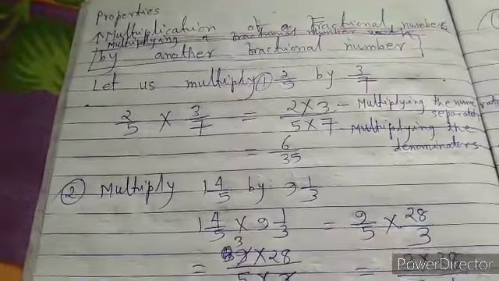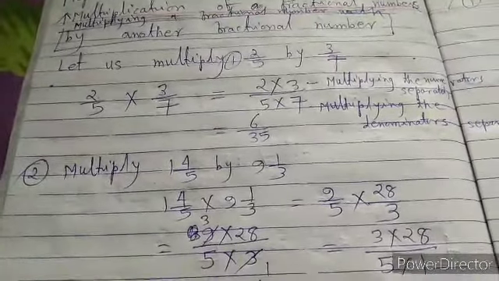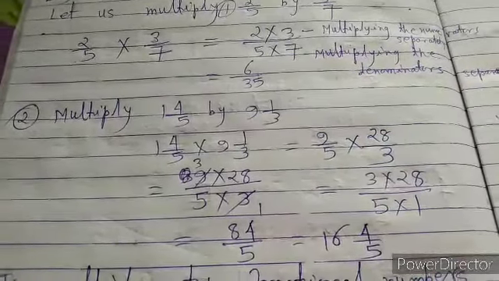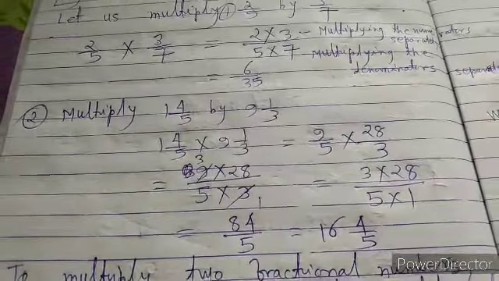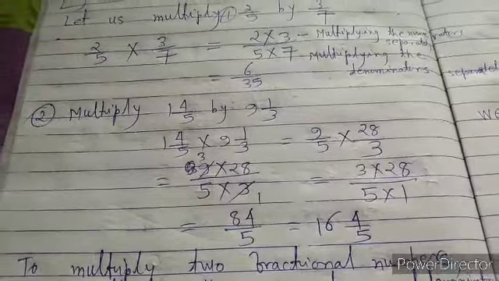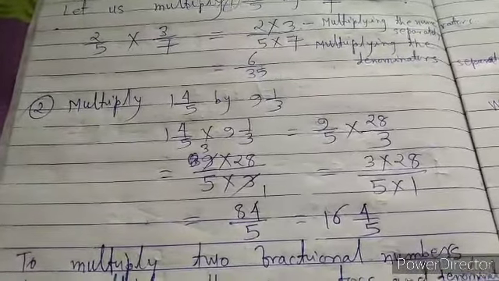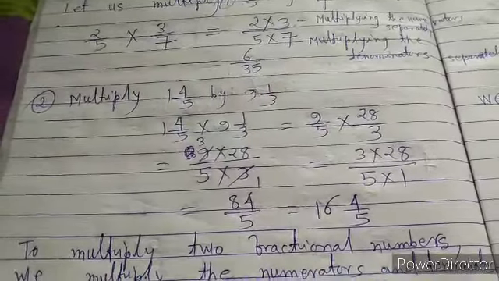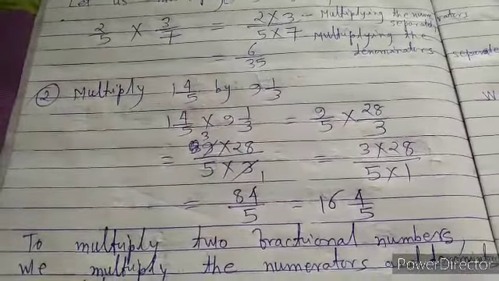For example, if we multiply 1 whole 4 by 5 by 9 whole 1 by 3, then 1 whole 4 by 5 is equal to 5 1 are 5 plus 4, 9 by 5. And 9 whole 1 by 3, 3 9 are 27 plus 1, 28 by 3.